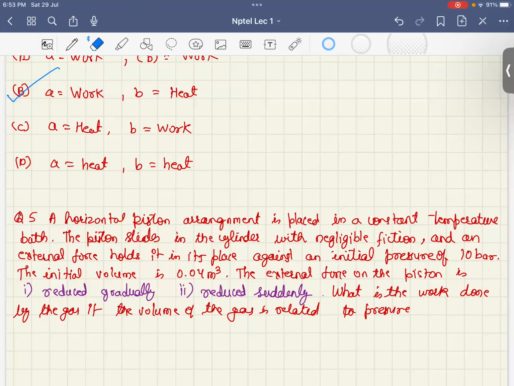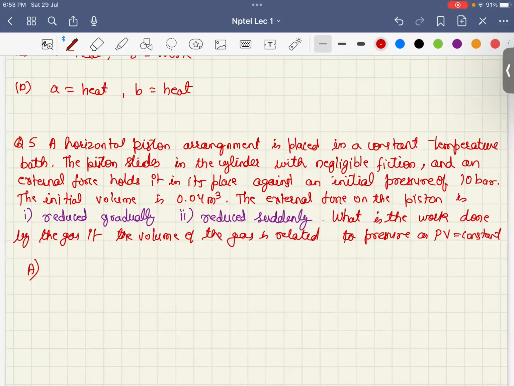So what is the work for the first case, in which it reduces gradually?